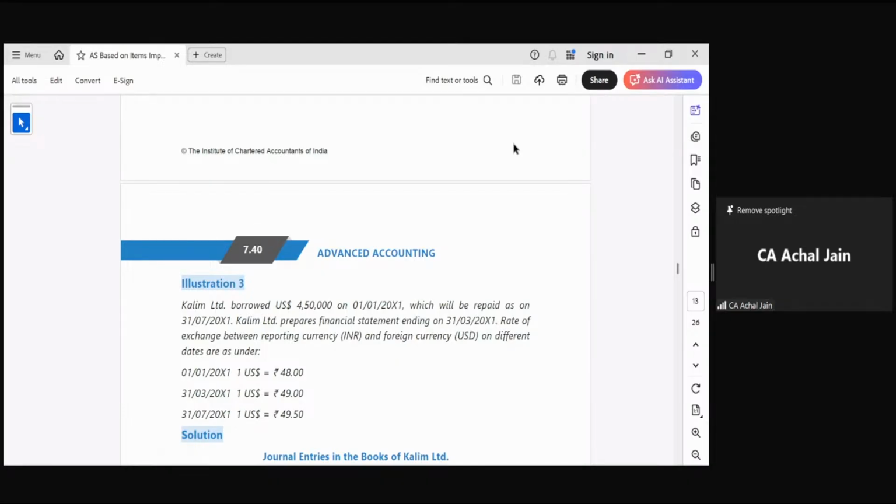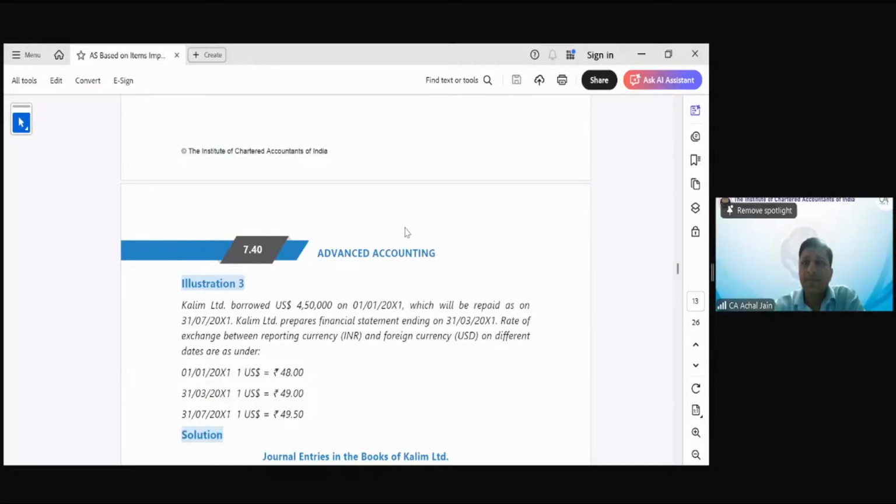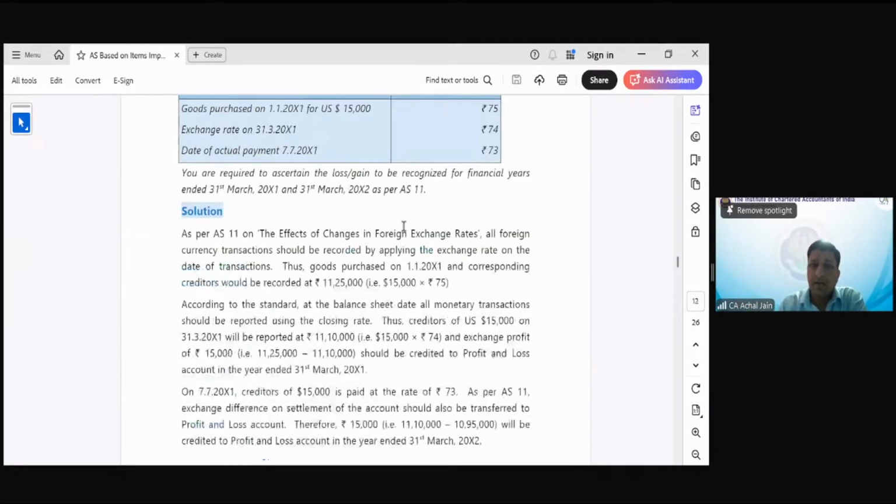My question is regarding the next year, 31st March 2002. Are you talking about the second illustration? The same second illustration. Okay, yes.